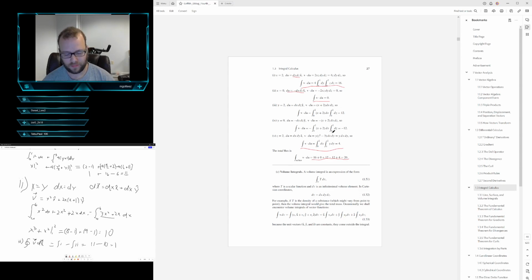Volume integrals. Volume integrals are a bit simpler because we don't need to deal with the vectors, which makes things more convenient.